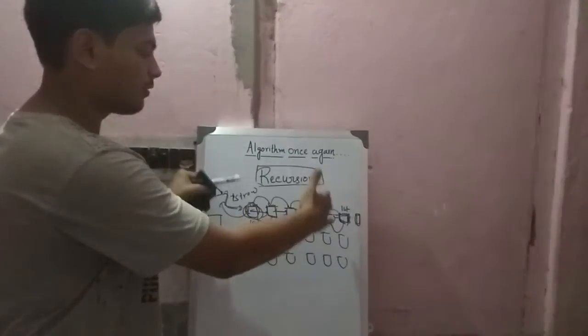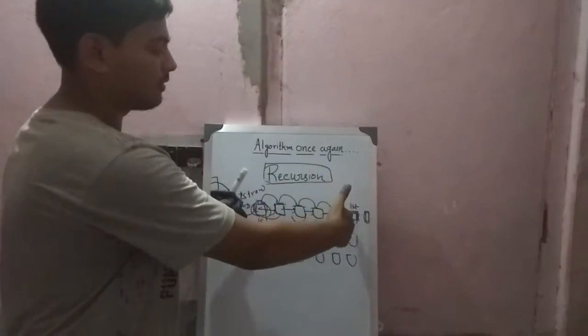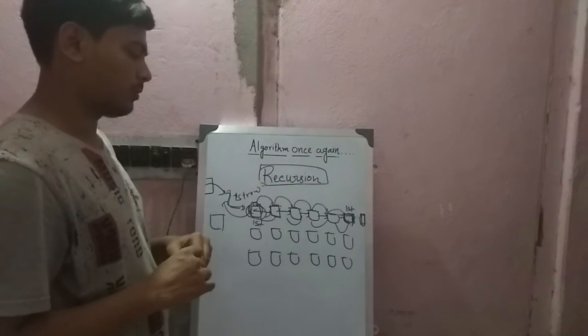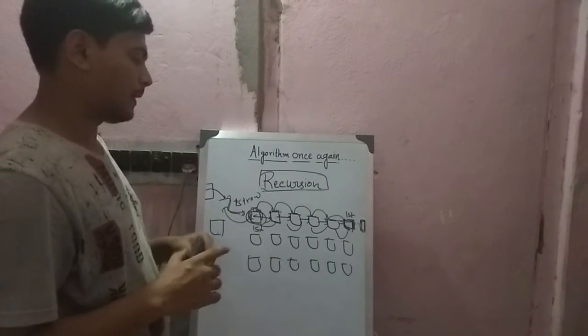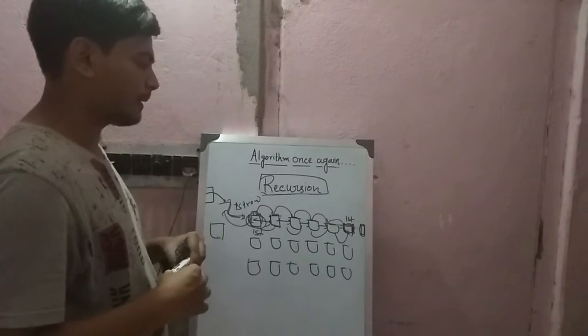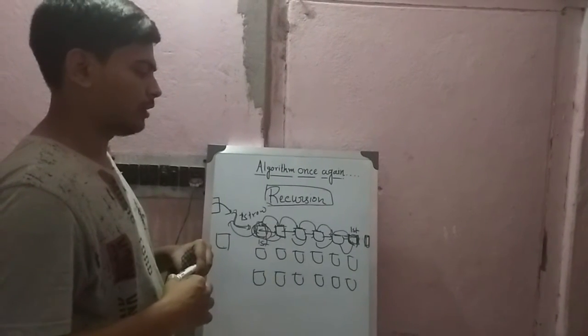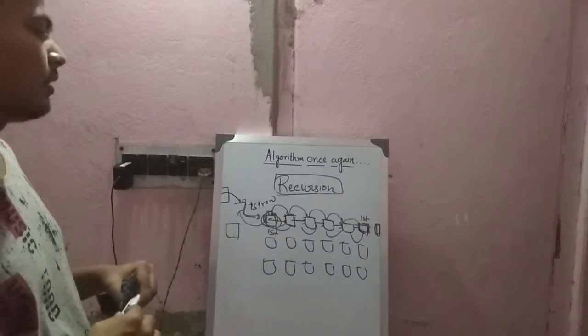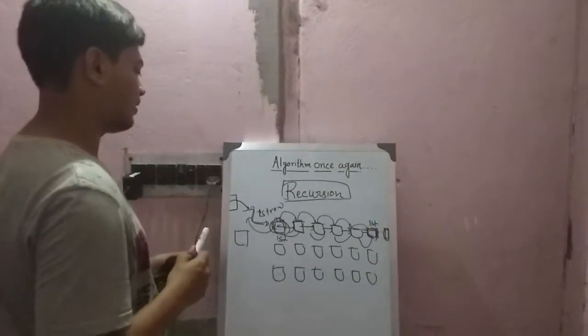This is like a stack kind of thing, a recursion stack. I will discuss the recursion stack further, but this is an approach you can use to think intuitively about how to think something recursively.